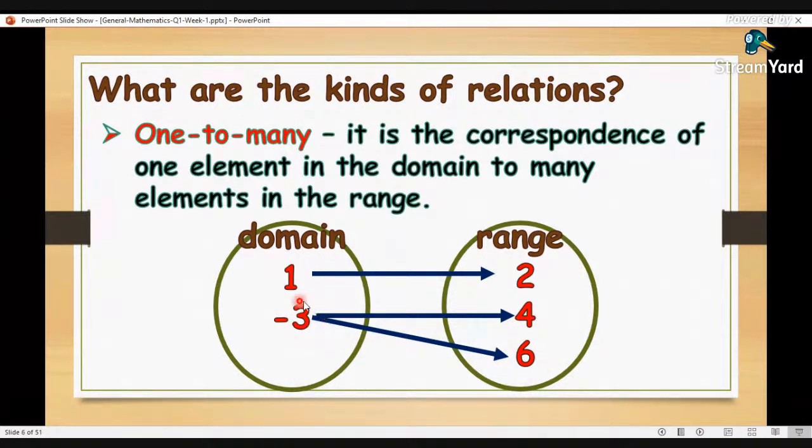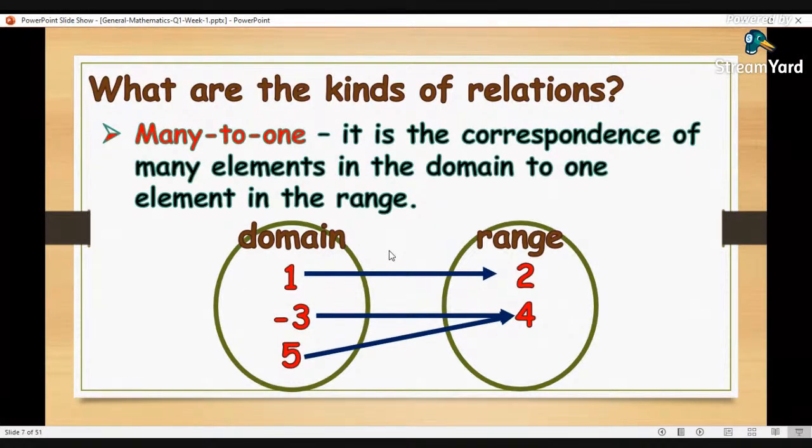So, -3 is only one value in the domain, but it corresponds with two values in the range, which are 4 and 6. That is what we call a one-to-many relationship. Okay, let's continue with the next one.